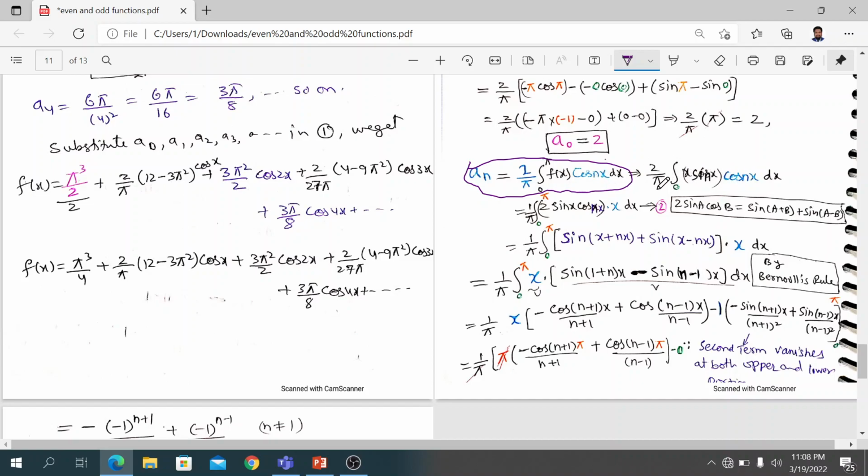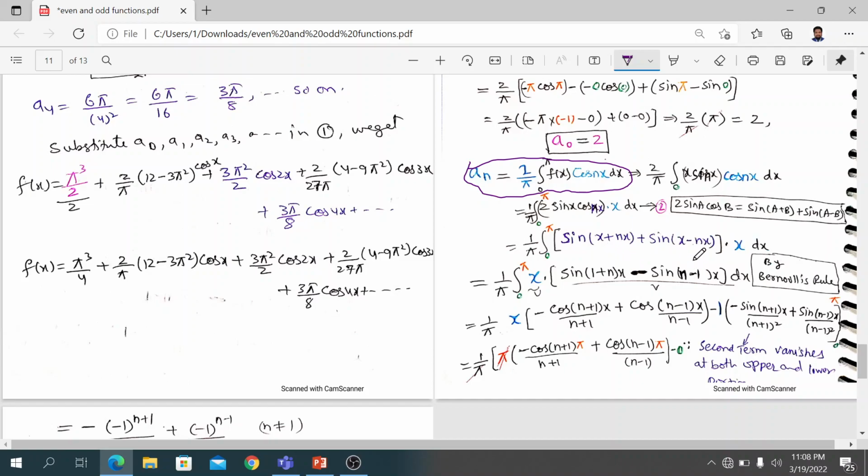Now this 1 by pi we send inside and rearrange, it becomes 2 sin x cos nx and this x. Since we have a formula in trigonometry, 2 sin a cos b is sin sum plus sin difference. So sin of x plus nx plus sin of x minus nx. So this is u and this is v.